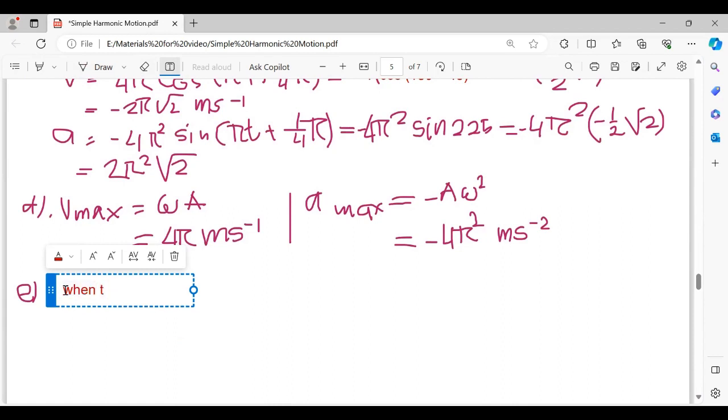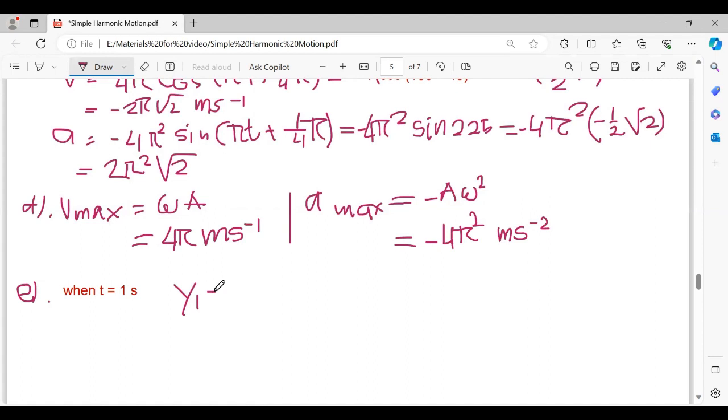When t equals 1 second, y1 equals negative 2 square root 2 meters.